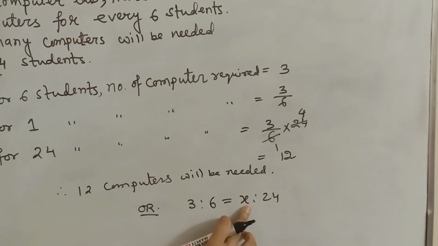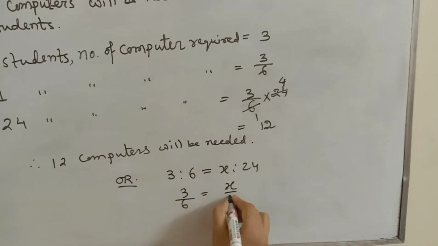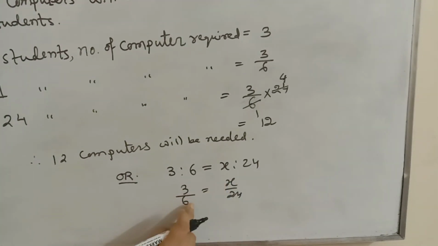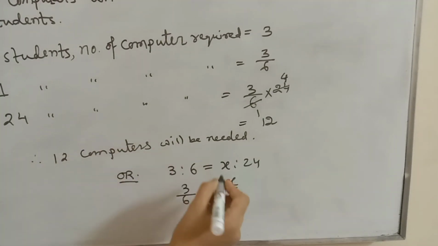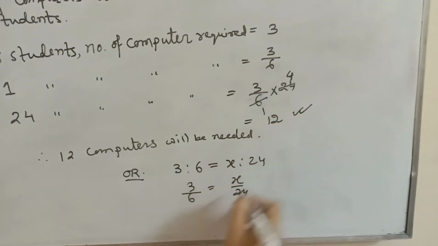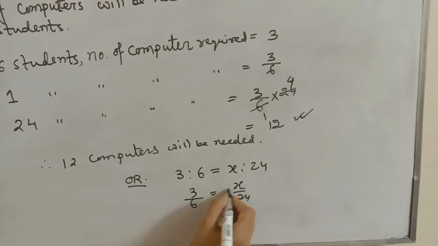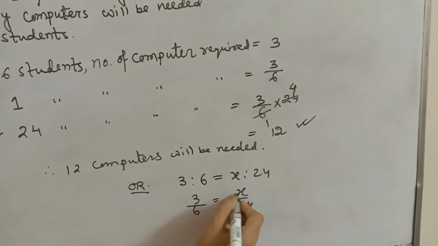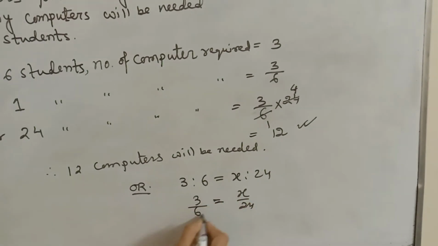So we can do it this way: 3 by 6 is equal to x by 24. We need to do the cross multiplication. As you don't know the equation form yet, unitary method will be easy for you. When you come to know linear equations, then you will know how to do cross multiplication.